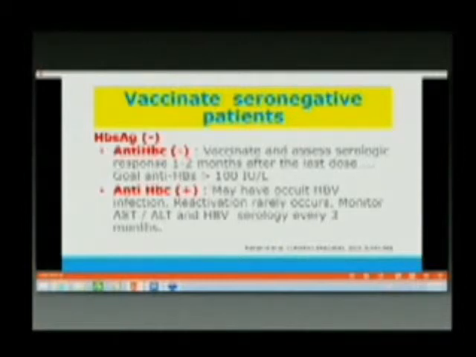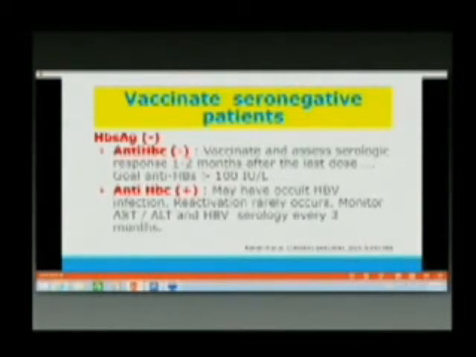Okay, you're actually aiming for more than 100 IU per ml. Why? Okay, because you can lose your protective antibodies through time. Okay, and it's even said that you need to check your anti-HBS titers every 1 to 2 years to make sure that you still have protective antibodies.